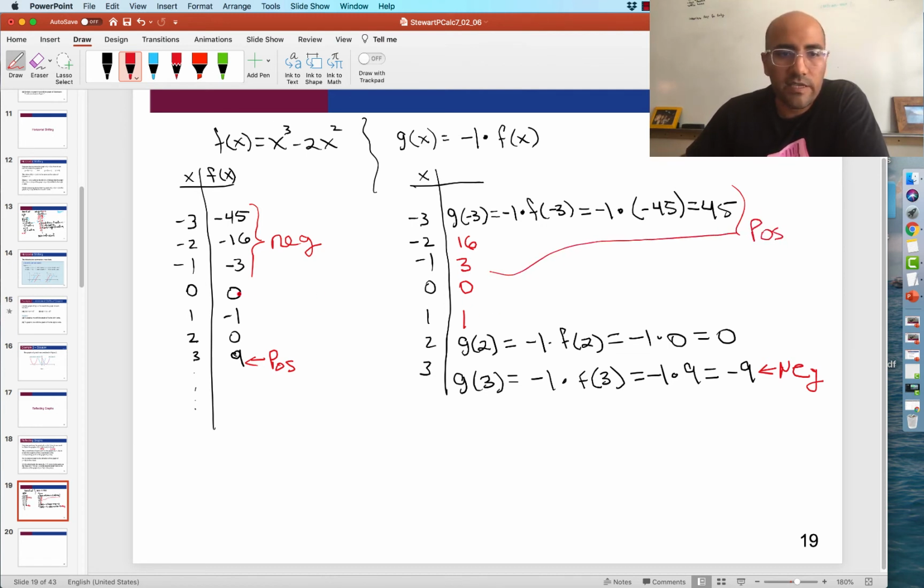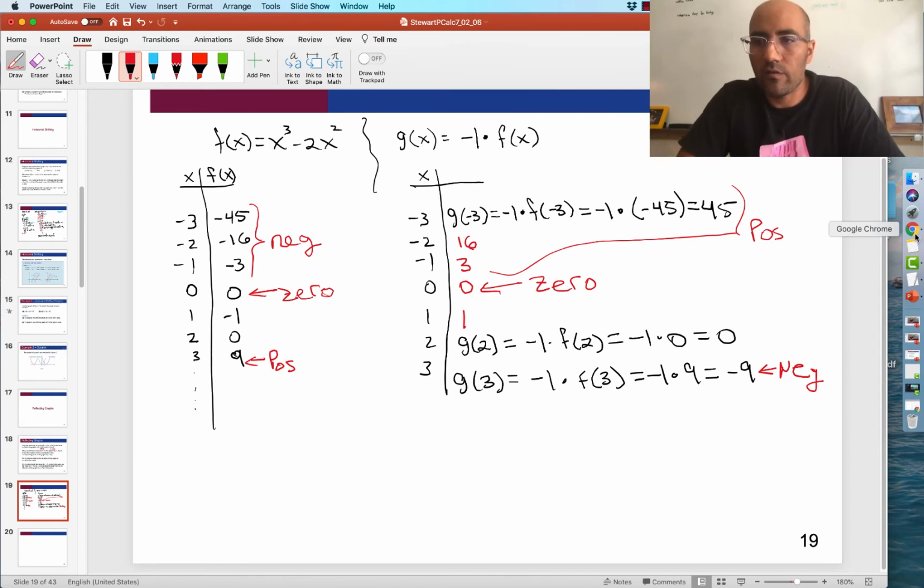And then 0 stays with 0. Okay, 0 stays with 0. Previously negative become positive. Previously positive become negative. How does that affect the graph?